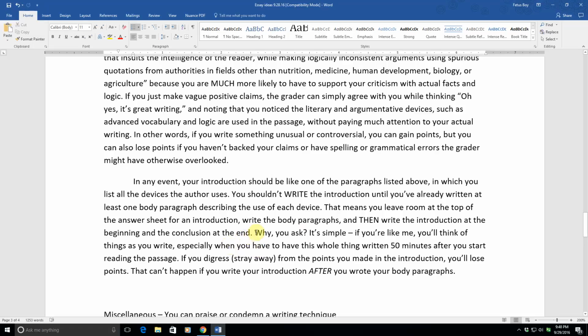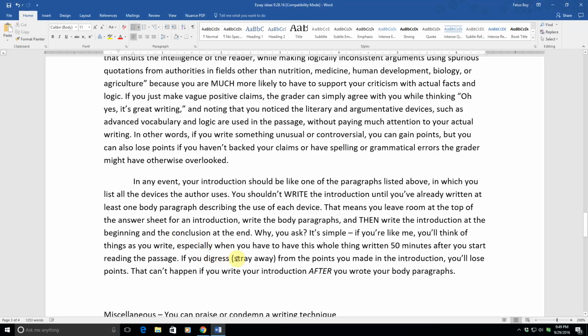So, why am I asking that you do this? Why you ask? Well, it's simple. If you're like me, you're going to think of things as you're writing, especially when you have to write this whole thing 50 minutes after you start reading the passage. That means you're writing on the fly. So you've already started to write when you start to notice other things or things start to click in your brain and you're like, oh, wow, okay, this goes with this.